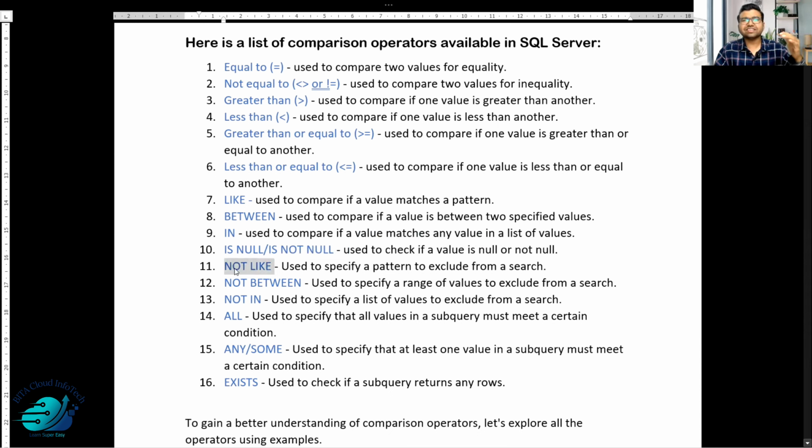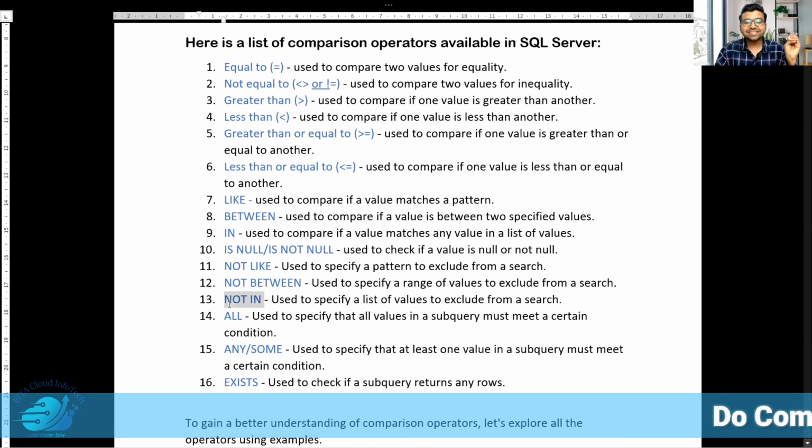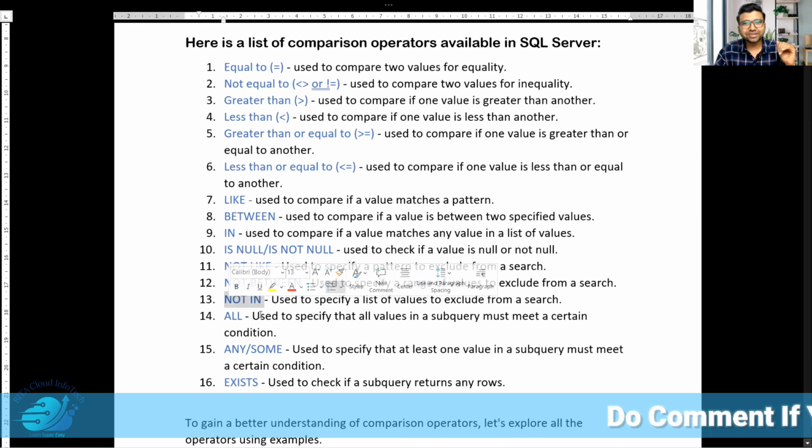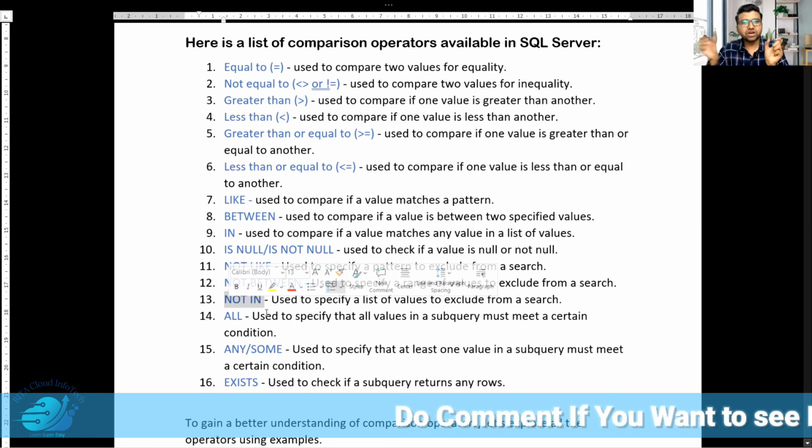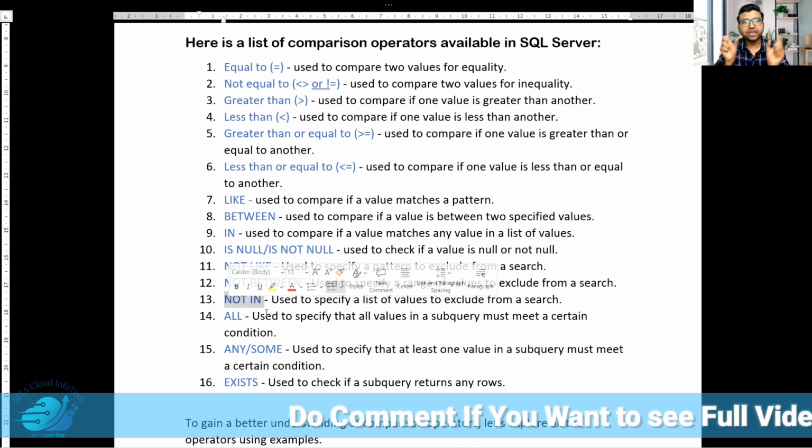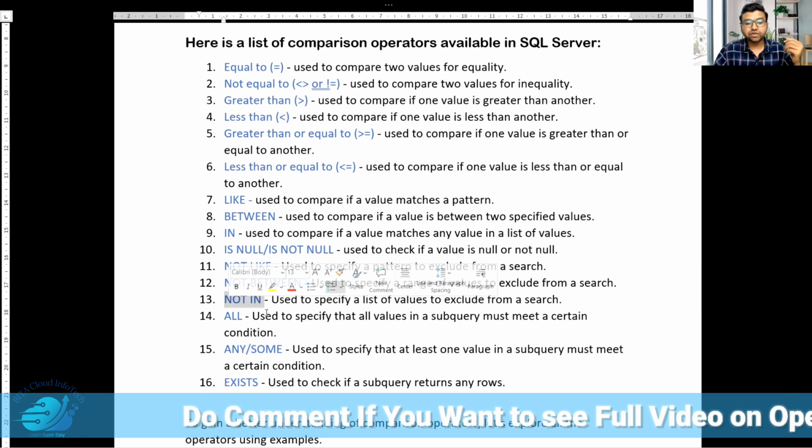For now, not like is just the opposite of like, so it should not find those particular words or characters in the given string. Not between is just the opposite of between, and not in is just the opposite of in. It means a single value should not be any of 1, 2, 3 or whatever is listed with commas. It should not be part of any of them.